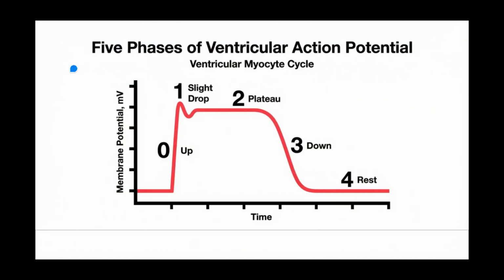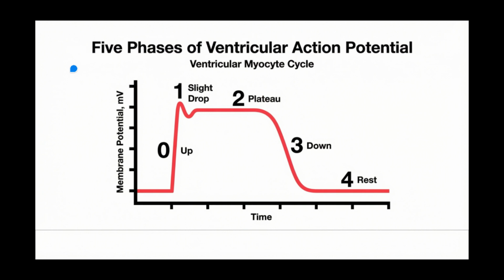Now we move to the phases. The 5 phases of the ventricular action potential. We are discussing the ventricular myocyte action potential, which has 5 phases, numbered 0 to 4. If you look at the diagram, imagine the membrane potential tracing as a shape. It first moves sharply upward, then there is a small dip. After that, it remains flat for a short plateau.